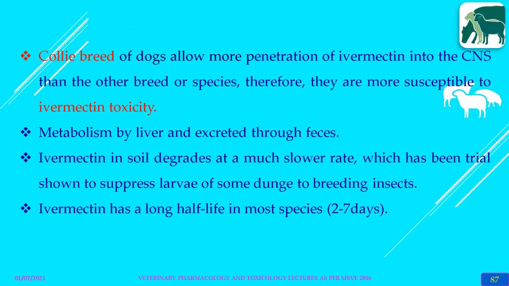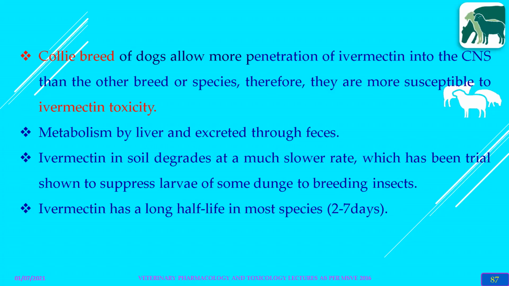And metabolism is by the liver and excretion is through the feces. So there is no urinary excretion. Hence, ivermectin in soil degrades at a much slower rate, which has been shown to suppress the larvae of some dung-breeding insects, especially the dung beetles, etc. They are going to die.